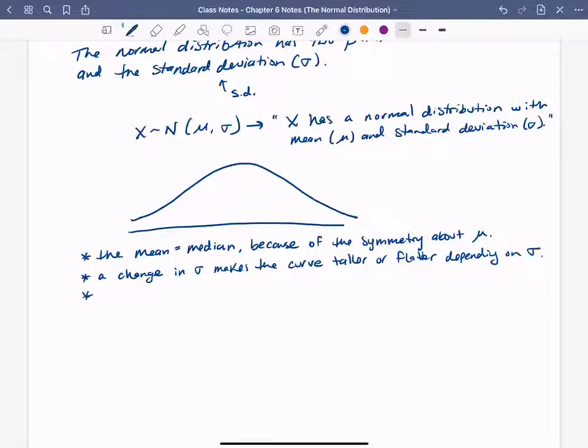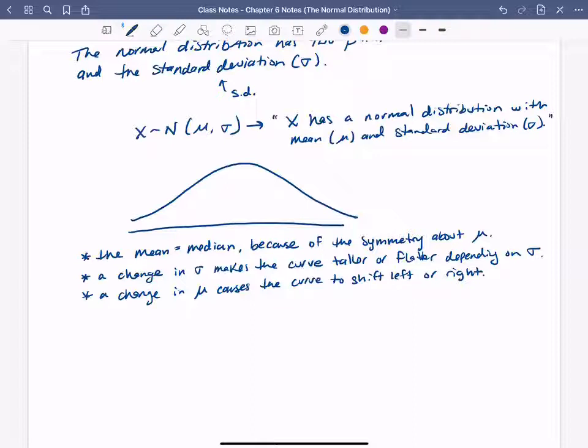The last thing before we move into our first section: a change in the average, the mu, causes the curve to shift left or right. It depends on what the average actually is.